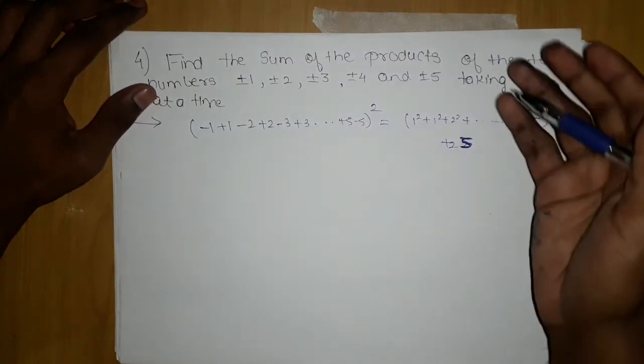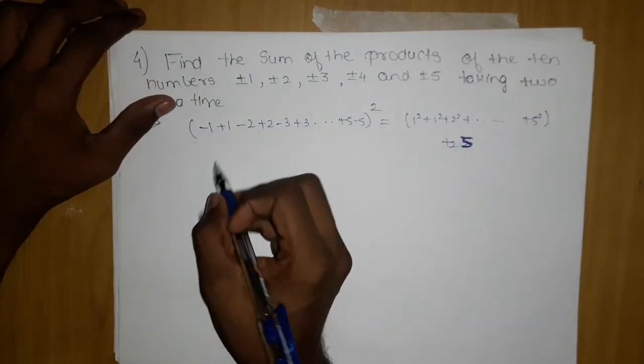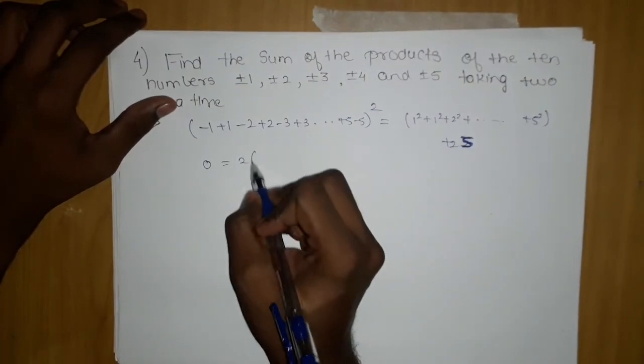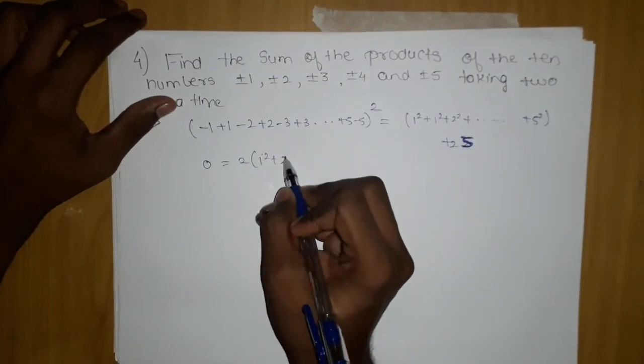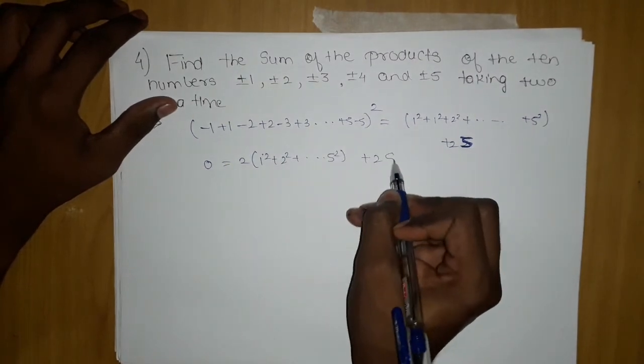Now you clearly know that the first term will become 0. This is nothing but 2 into (1 square plus 2 square till 5 square) plus 2 into s.